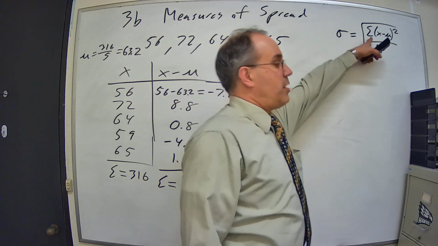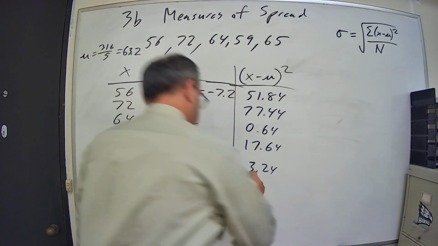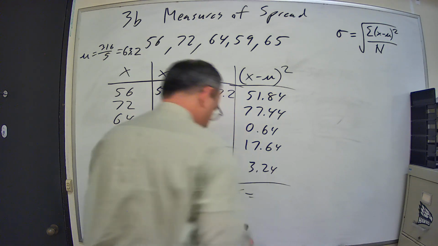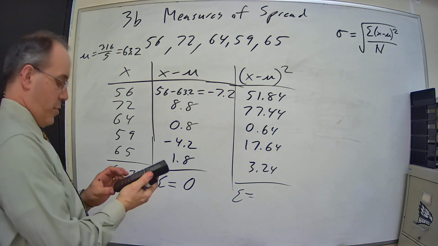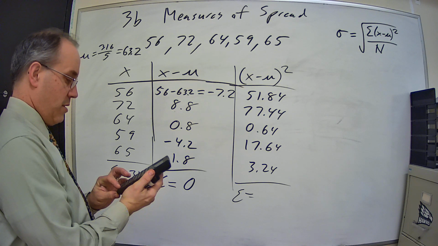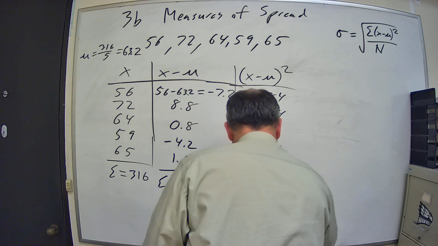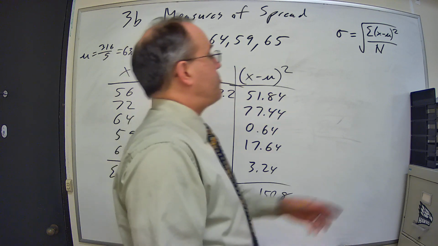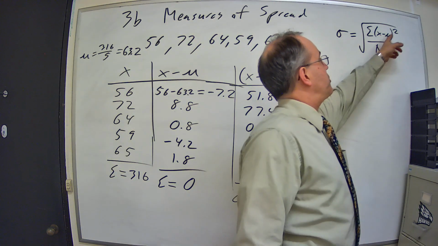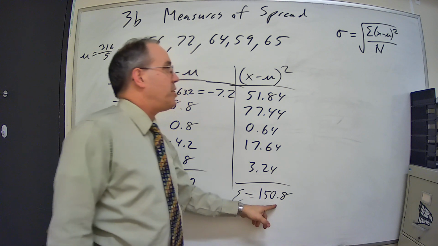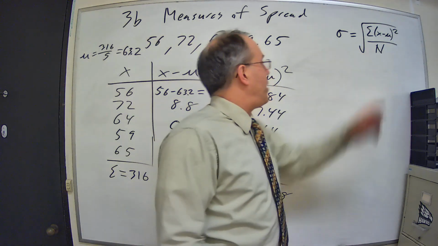Now it says to sum them up. So I'm going to add those up, which gives me 150.8. So that's my numerator here. The sum of x minus mu squared is 150.8. Now we're going to divide by n.